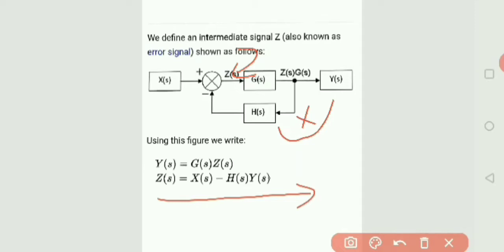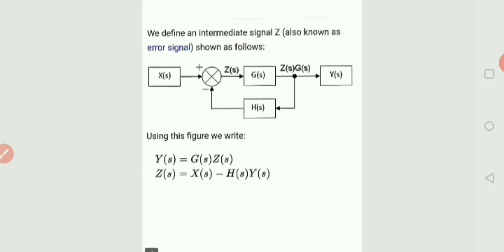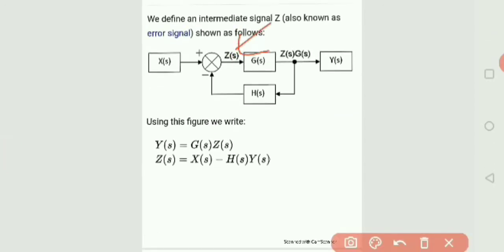As we know, in a closed loop system, a part of the output is fed back to the input. So these two signals are multiplied, and the value of Z(s) equals X(s) minus H(s) into Y(s) at this point.